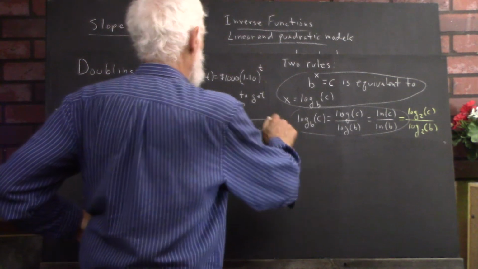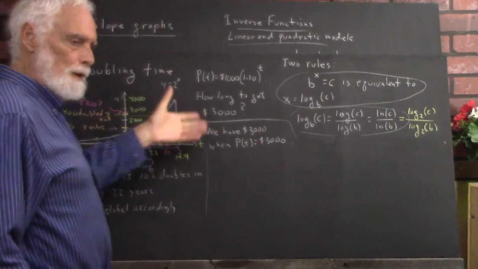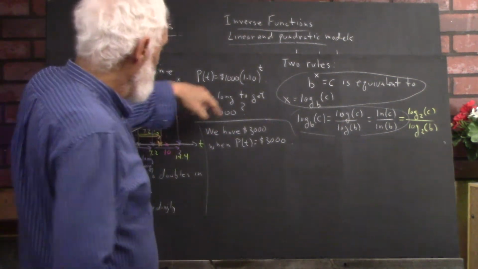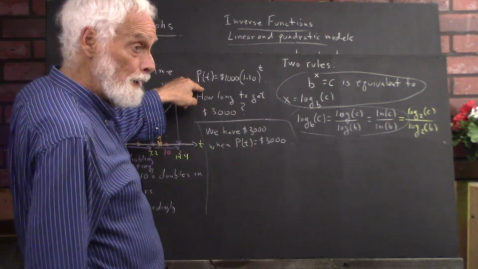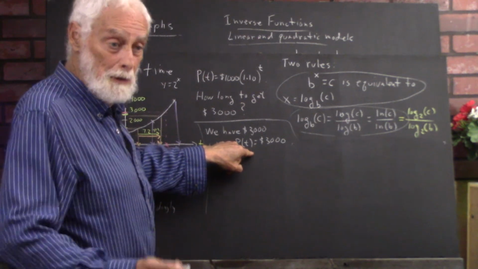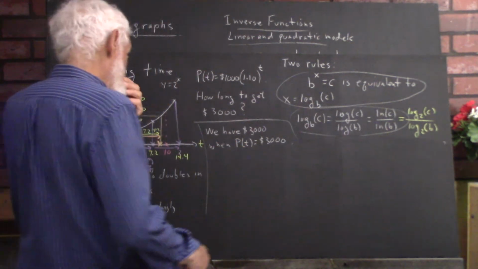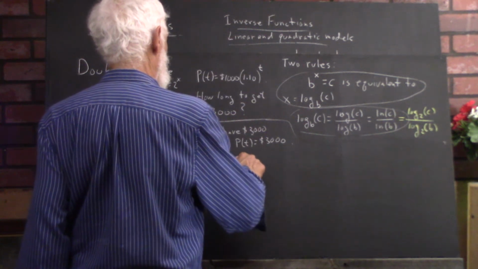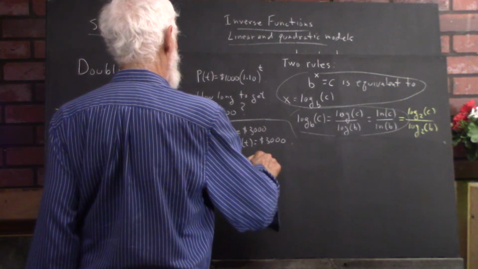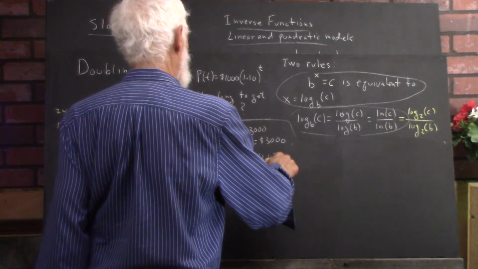Kind of a no-brainer, but we want to write it out so we get the logic of our solution. We have $3,000 when P of t equals $3,000, because P of t is how much we have after t years. Now P of t is $1,000 times 1.10 to the t.